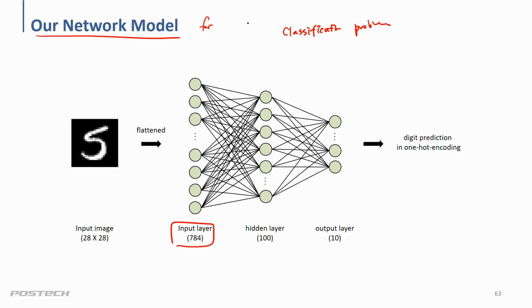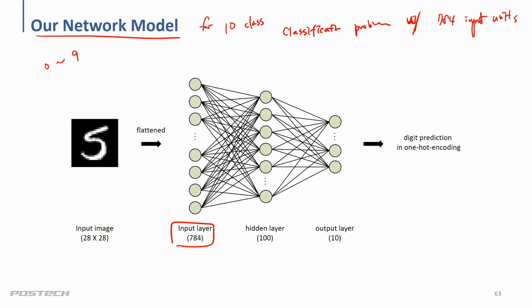And how many classes? I don't think it's binary. It's a digit problem, so we have from 0 to 9. So it's a 10 classification problem with 784 input units.